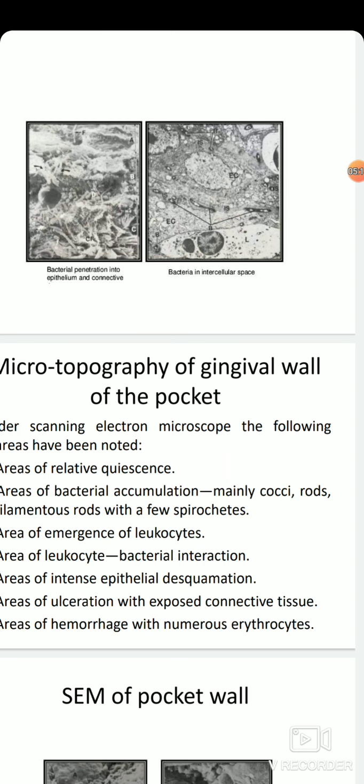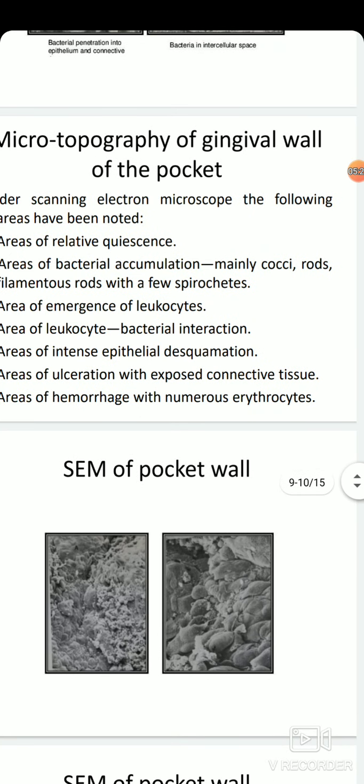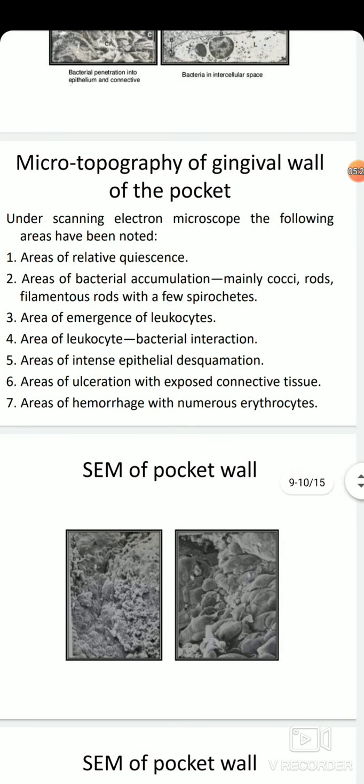So coming to the microtopography of the gingival wall of the pocket, there are certain changes observed under electron microscopy.